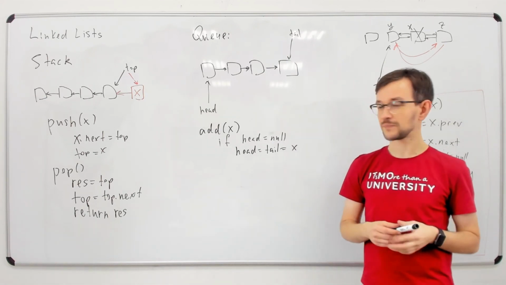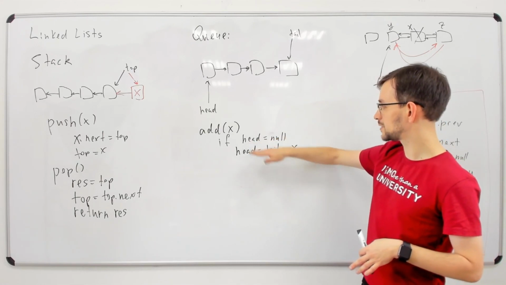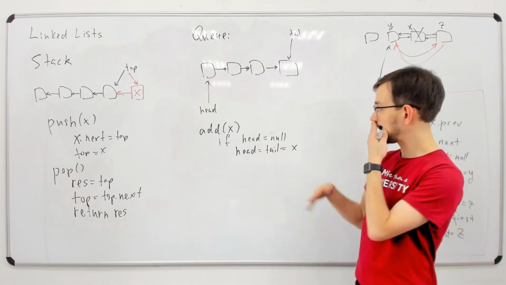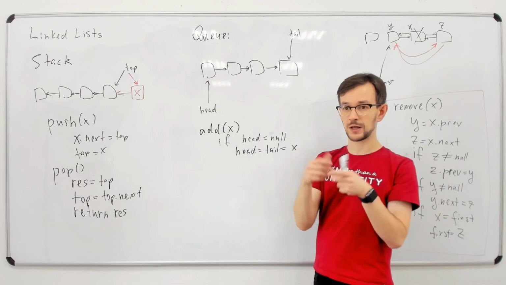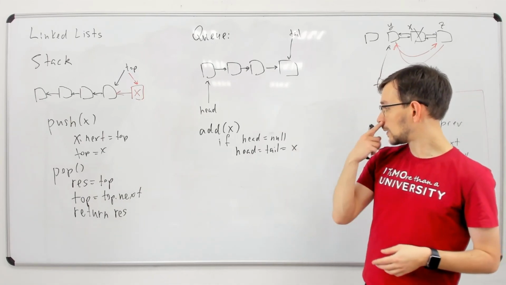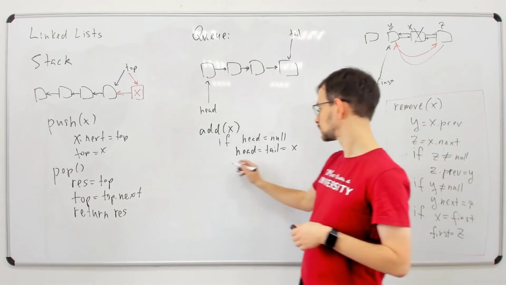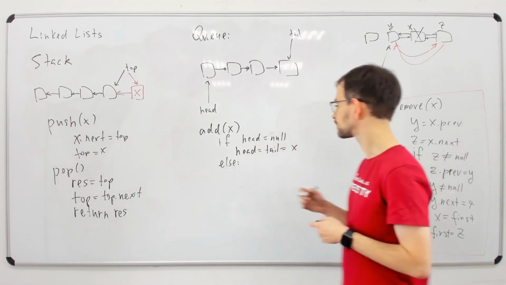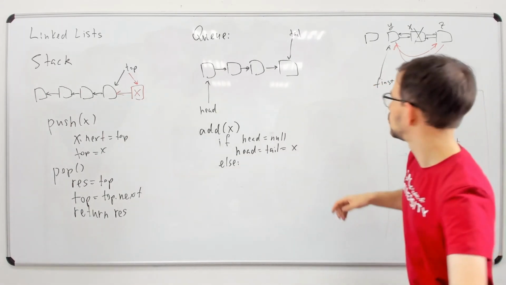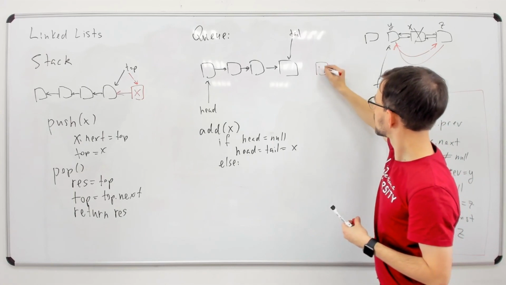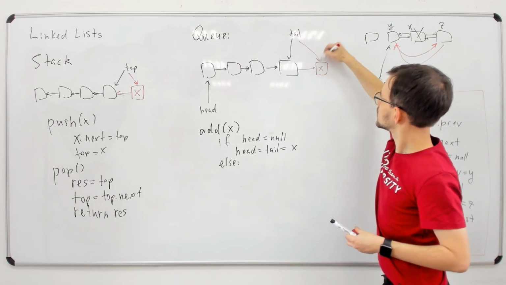When you add a new element, if the queue is empty, then we add the new element and make a queue of the single element. And now, if the queue is not empty, then we just add the new element here, move this link and add this link here.